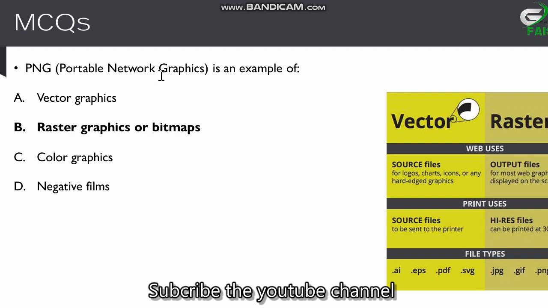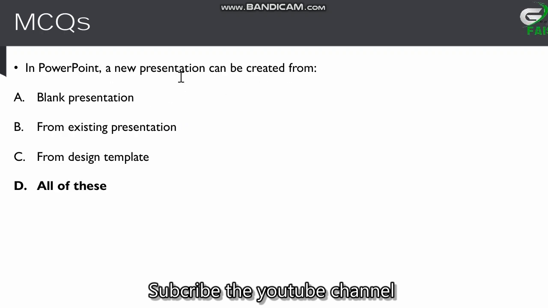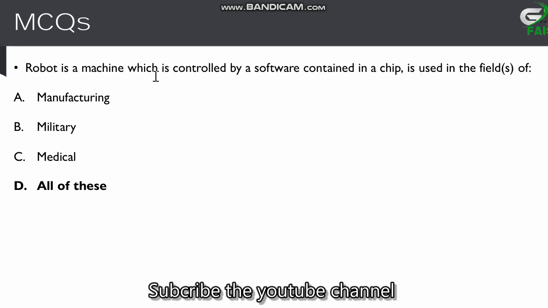PNG, Portable Network Graphics, is an example of raster graphics or bitmap. Answering a received email is called an email reply. In PowerPoint, a new presentation can be created from a blank presentation, from an existing presentation, from a design template, all of the above. A robot is a machine controlled by software contained in a chip.